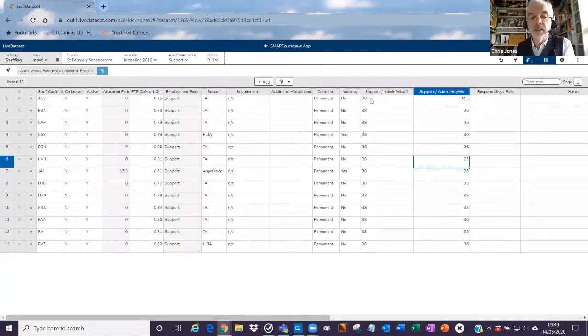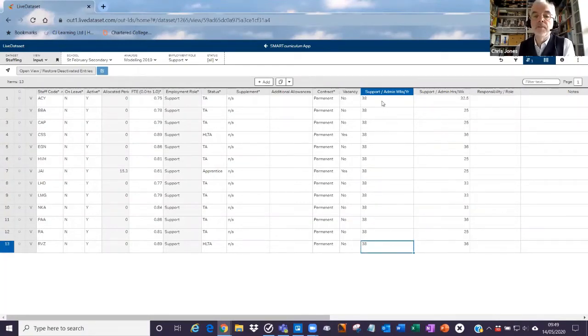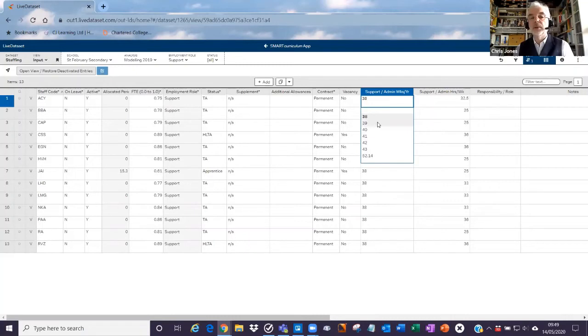Now all of these are on a 38 weeks of the year contract, or what we would refer to as term time only, and there is a list of potential others: 38 weeks, 39, so that's term time only plus training days, 40 weeks, term time only plus training days plus 1 week of holiday, 2 weeks of holiday, 3 weeks of holiday, and 4 weeks of holiday.